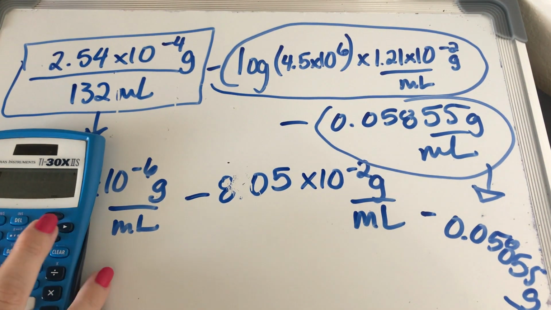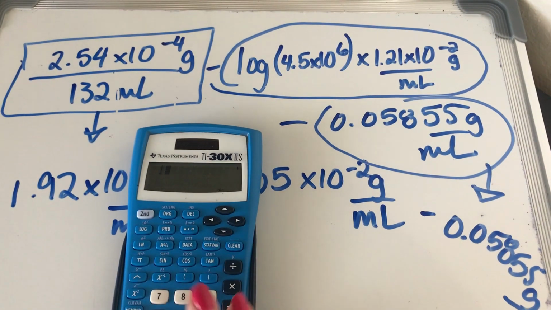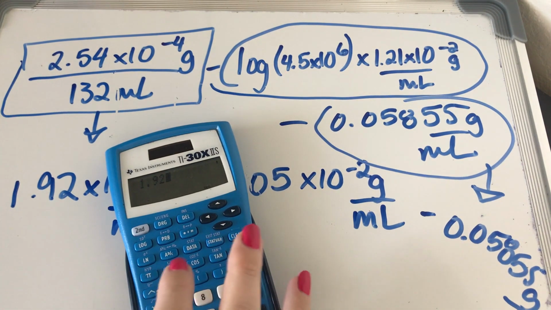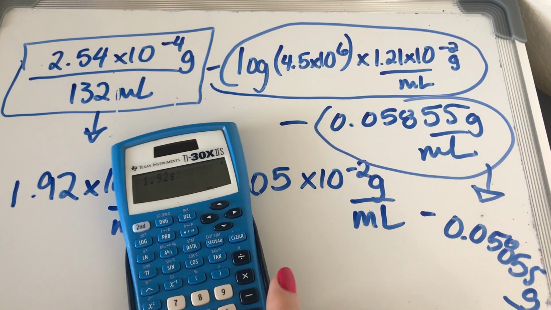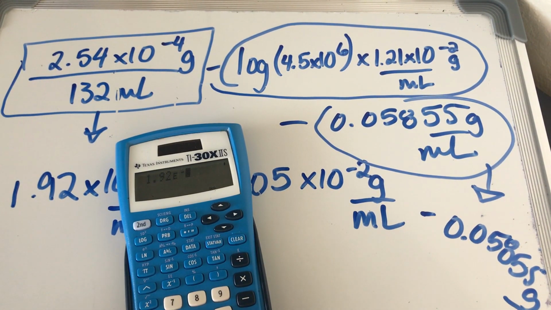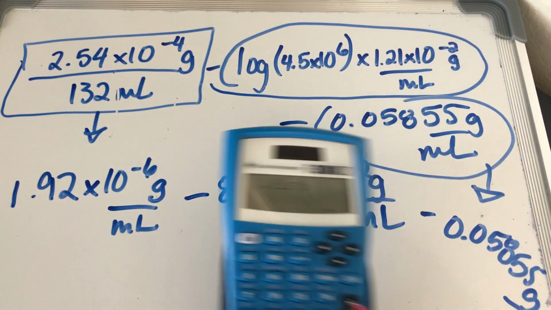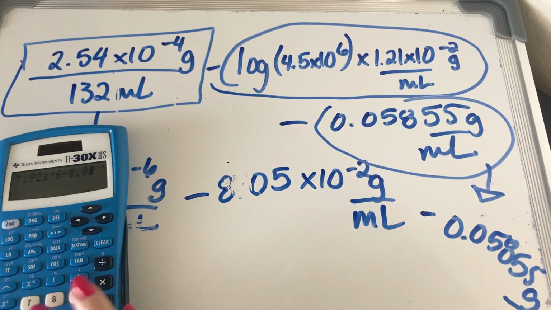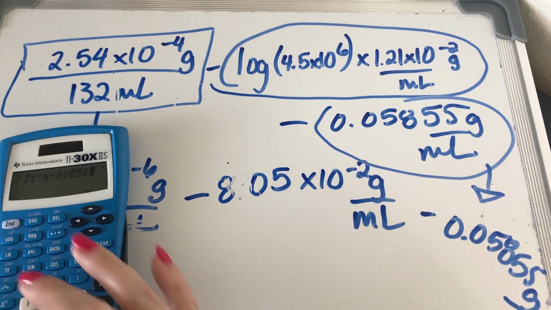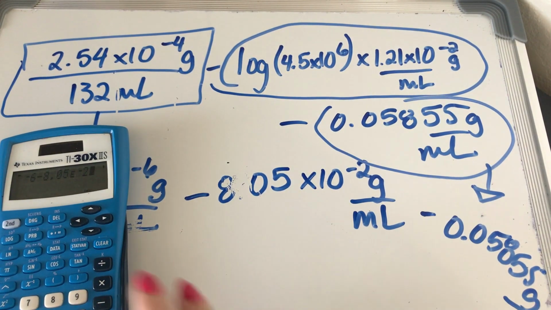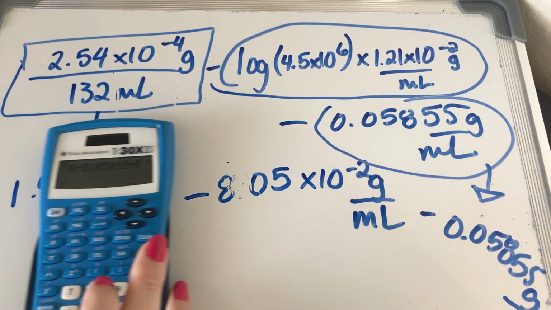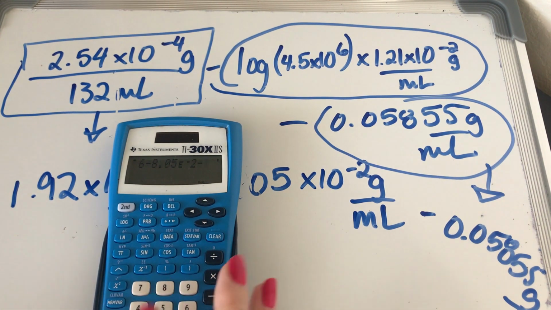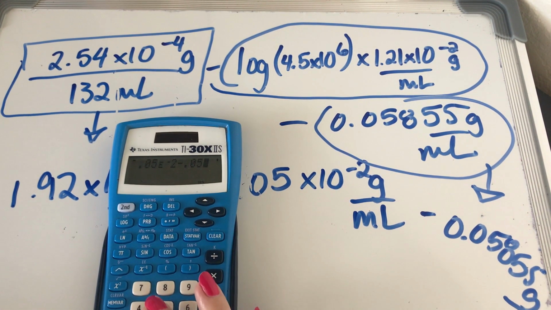Okay, so I'm going to go ahead and put this all in. So I have 1.92 times 10 to the -6, minus 8.05 times 10 to the -2, minus, sorry you guys, I went a little off there, 0.05855.